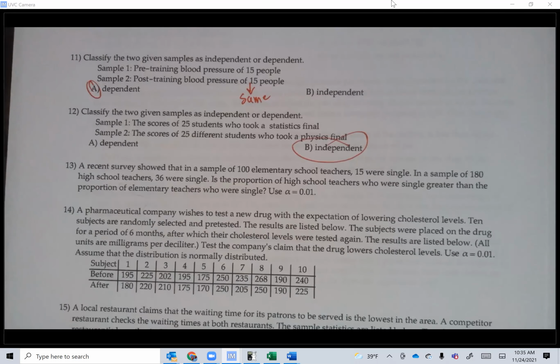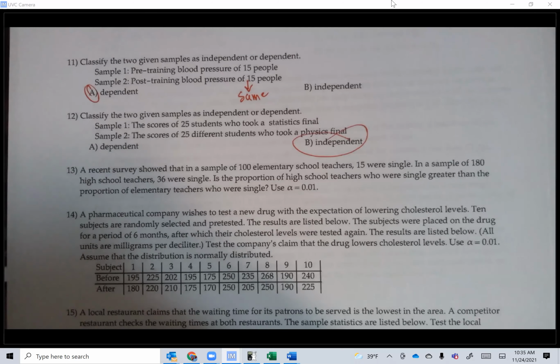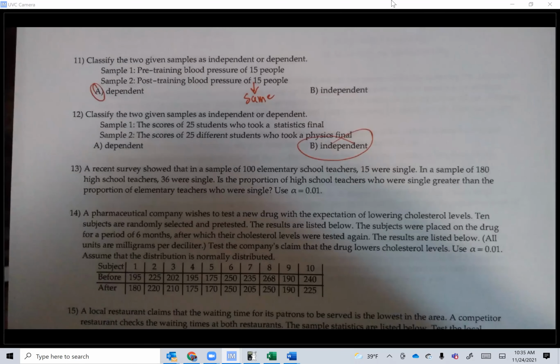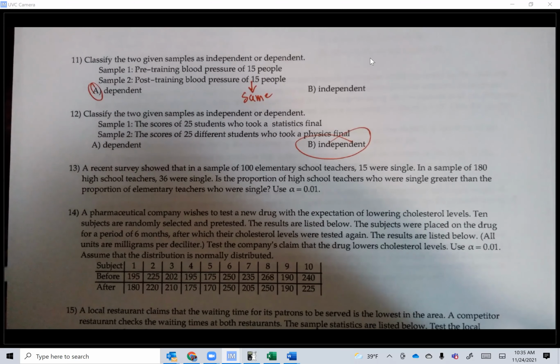We're going to do a two sample test. It's not a one sample, as you can notice that we have two samples in there. And it's a proportion test because he's talking about the proportions.